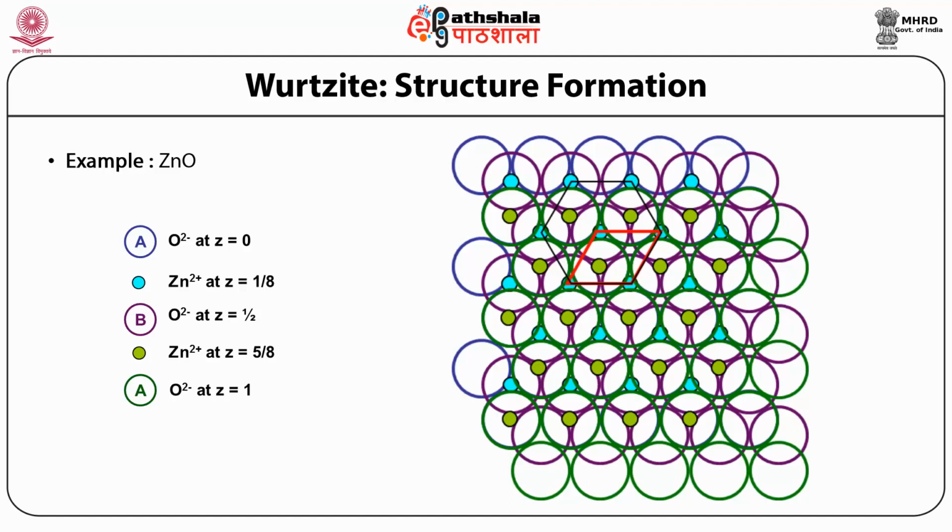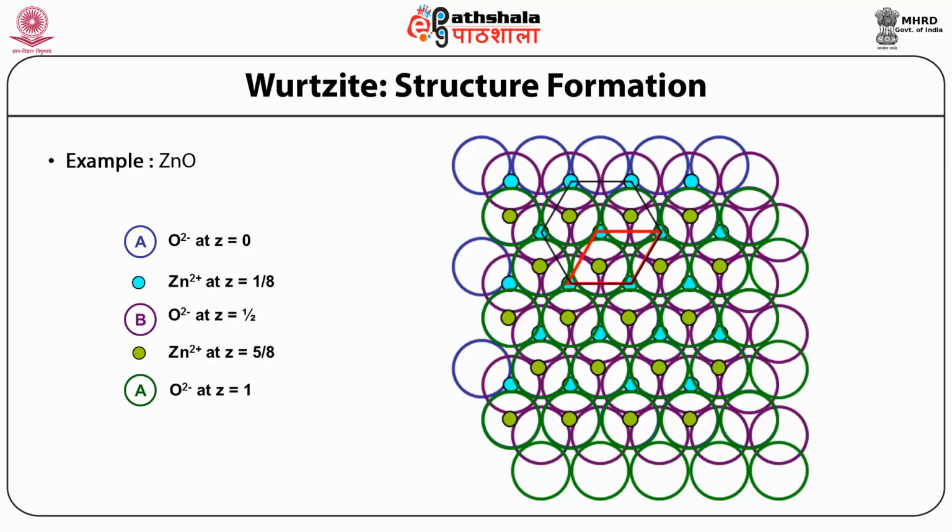The blue colored small atoms correspond to Zn2+ at Z equal to 1/8, whereas the purple colored circles correspond to B-type atoms, O2-, at Z equal to 1/2, whereas the green colored small atoms correspond to Zn2+ atoms at Z equal to 5/8.